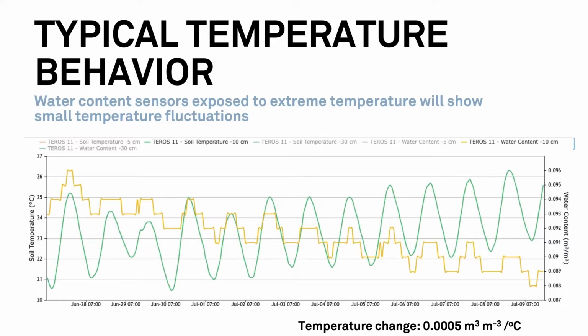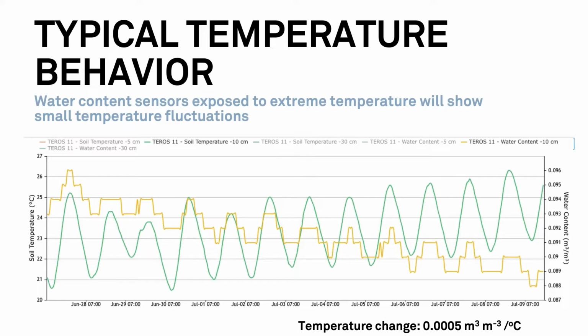And then on the right-hand y-axis, we've got water content. But instead of the comparatively larger range at 5 centimeters, this range that it's going up and down is about 0.2%. So very small changes.